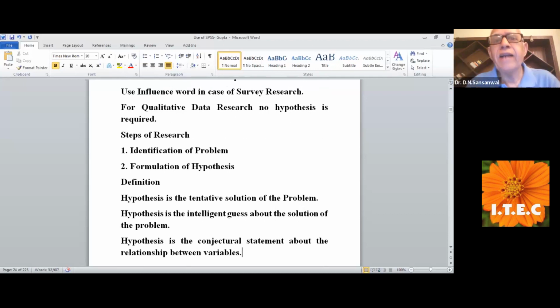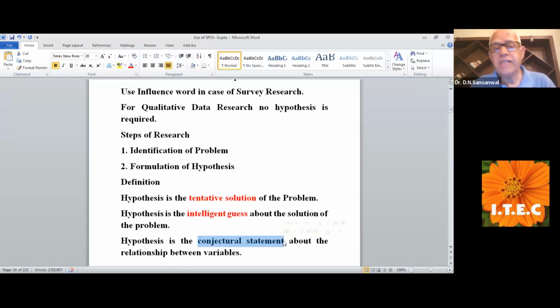Now, these are the 3 definitions of the hypothesis. And you know, it is not a final solution, it is a tentative solution. It is not a guess, it is an intelligent guess. So it is a conjectural statement, a tentative statement about the relationship between variables.